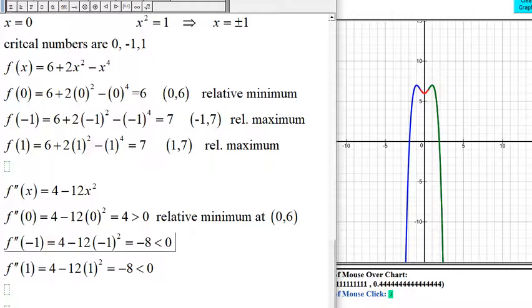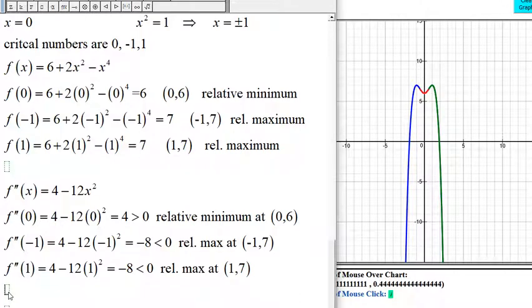And then right here, we have relative maximum at negative 1, 7. And then right here, we have relative maximum at 1, 7. So that's the connection between the second derivative and relative maximum and relative minimum.